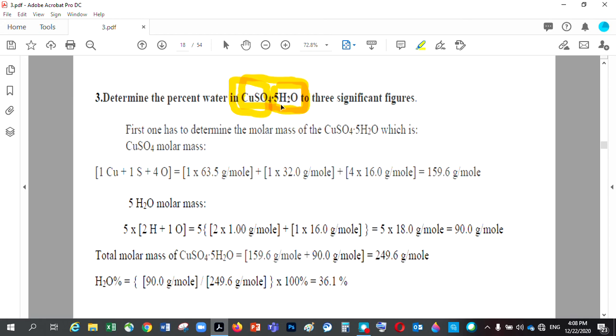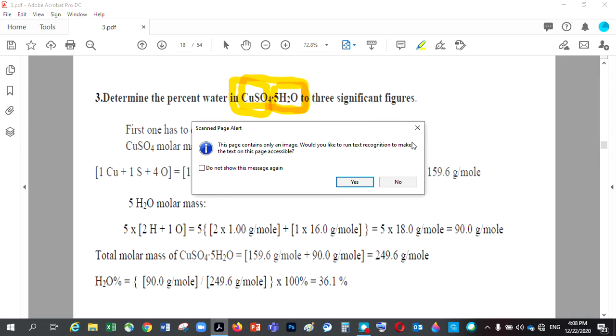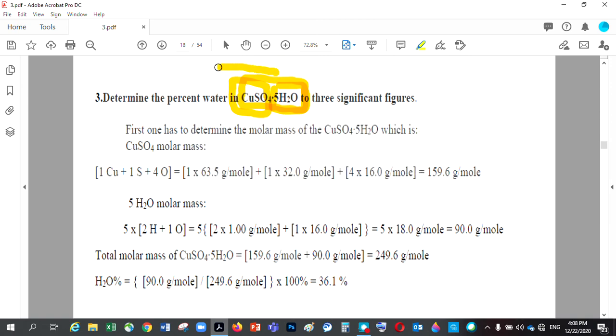First, every one by itself, and then you have to add the molar masses of H2O and copper sulfate together to get the molar mass of copper sulfate pentahydrate. Then you divide the molar mass of 5H2O by the total molar mass of copper sulfate pentahydrate, including H2O, multiply by 100, and that will give you the answer.